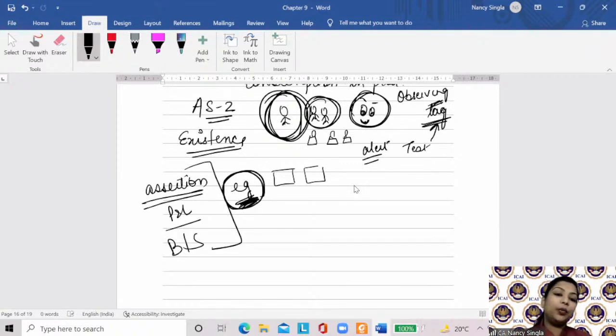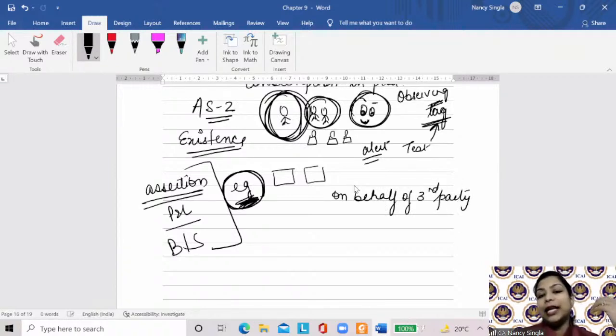There it was mentioned that any inventory which the client is holding on behalf of a third party, let's say the client is holding something for job work purposes, that should not be included in the client's inventory.